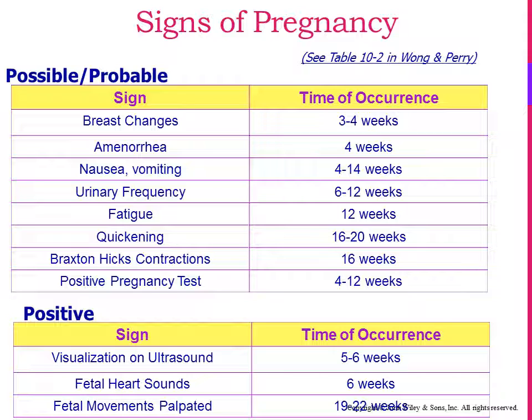So early changes in the mother include changes in the breast. They become a little more sensitive, may become bigger. Strong indicator of pregnancy is the absence of menstrual period. So fertilization would occur around day 14. 2 weeks later, the embryo should implant and begin secreting HCG so that estrogen and progesterone levels remain high.